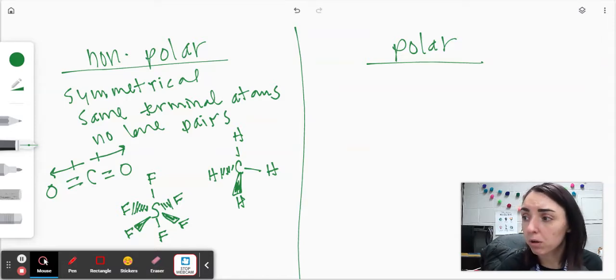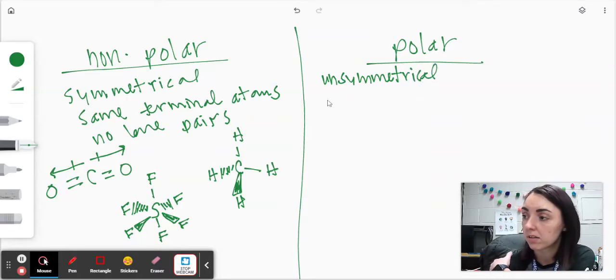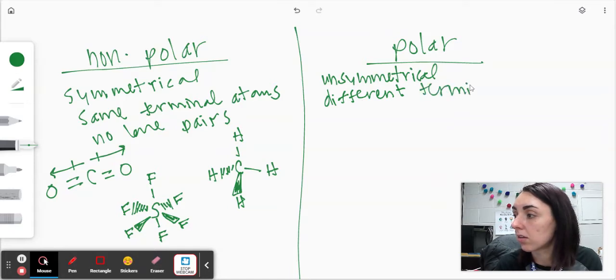Then if we look at the polar ones, these are going to be your unsymmetrical ones. They might have different terminal atoms, or lone pairs, or maybe both. I'll show you a couple examples.